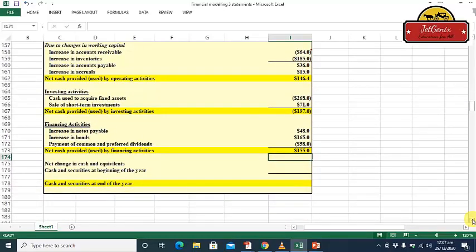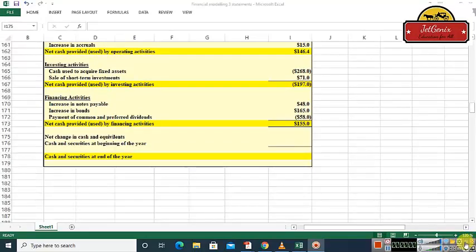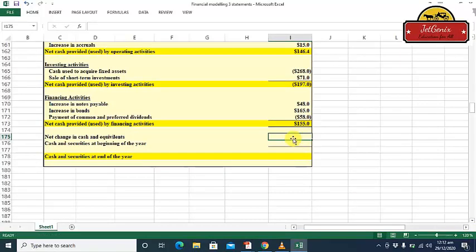Net change in cash and equivalents. We are going to calculate it by pressing equal, and adding the net cash provided by operating activities plus net cash provided by investing activities plus net cash provided by financing activities.